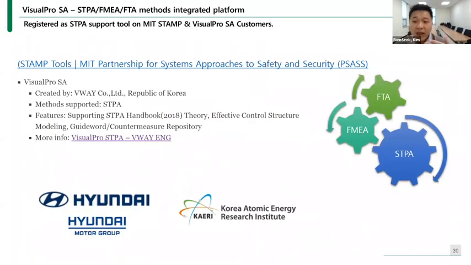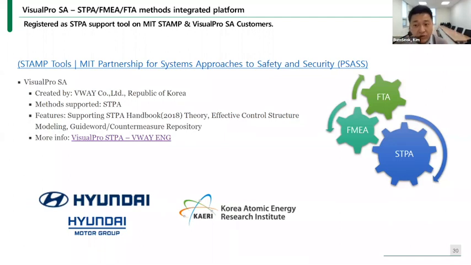Although STPA has many advantages, FMEA, FTA and other conventional methods have also been used for analysis for a long time. It is clear that they have advantages, especially when it comes to finding errors in components, such as calculating the failure rate.